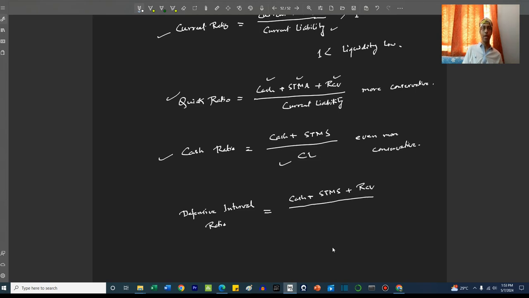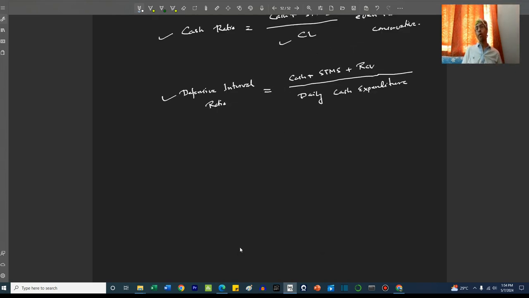Now this numerator is divided by daily cash expenditure. This gives you a figure that, considering the current level of daily cash expenditure, how many days the company can sustain with the current cash, short-term securities and receivables.